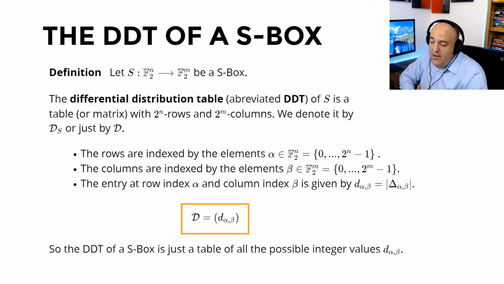And the entry found at row index alpha and column index beta is just the integer d alpha beta, which is the cardinality of the difference set associated to the S-box at the values alpha and beta. So the differential distribution table, the DDT of S, is just a table that contains every possible value d alpha beta as alpha and beta range over the rows and columns that we just said.